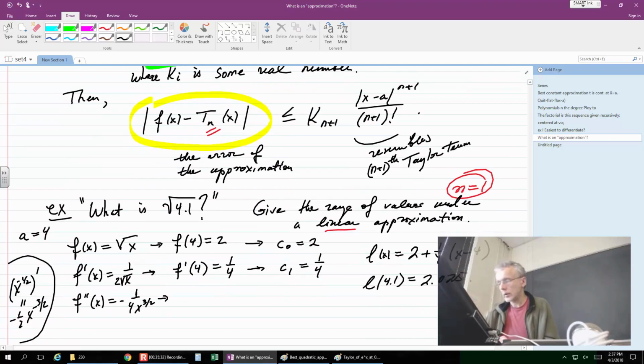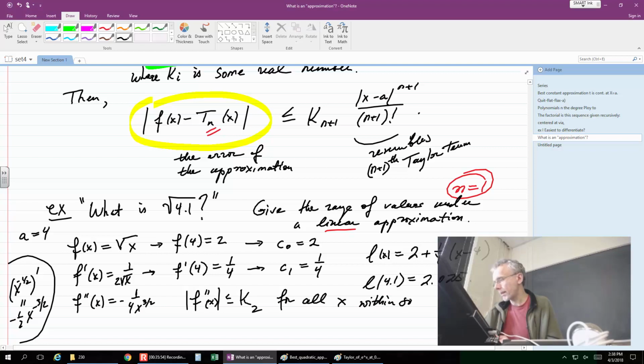So what we want to have is that the absolute value of f double prime is less than or equal to k sub 2 for x within some interval. What is that interval?